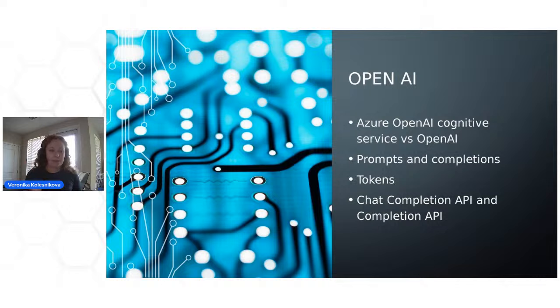And the last one here is that currently there are two APIs available for you to play with in Azure OpenAI. That is the Chat Completion API and the Completion API. So it depends on what you want.